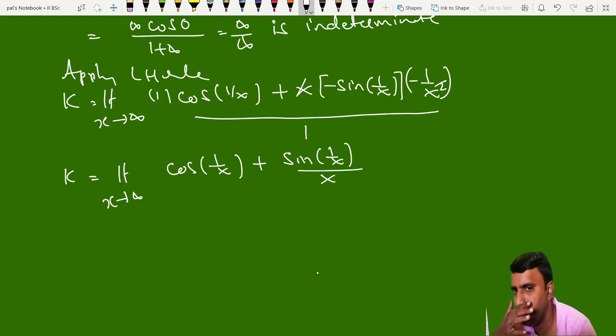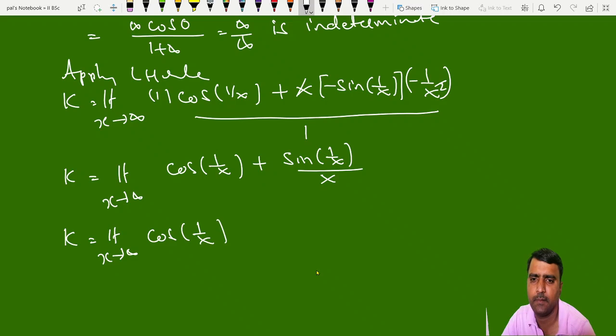So when x tends to infinity, k is equal to limit x tends to infinity cos of 1 by x plus limit x tends to infinity sine of 1 by x by 1 by x.